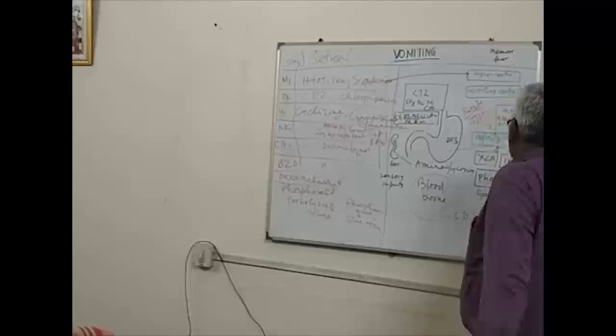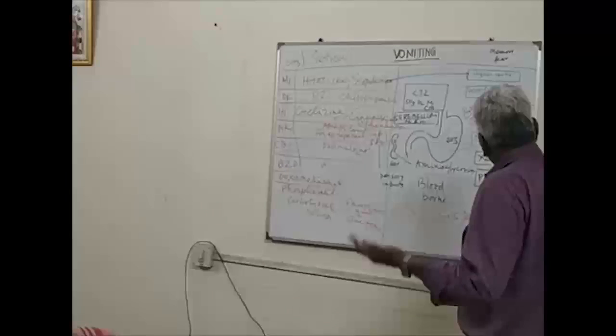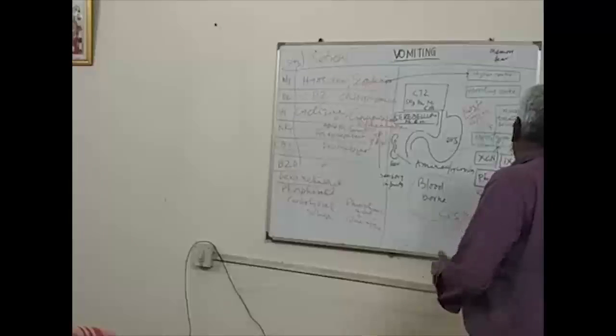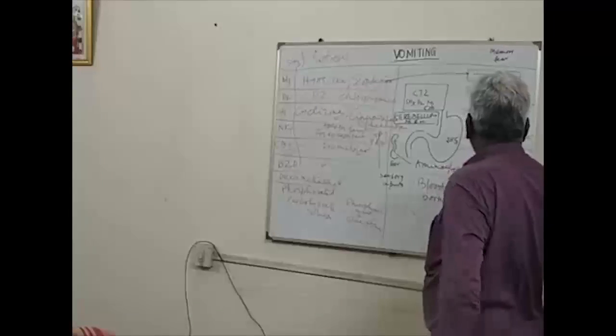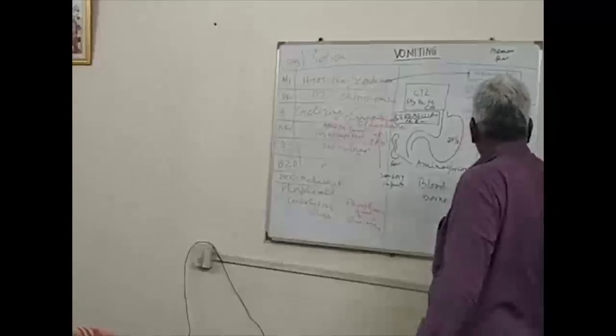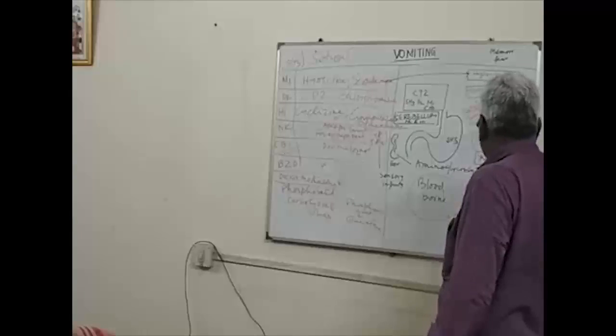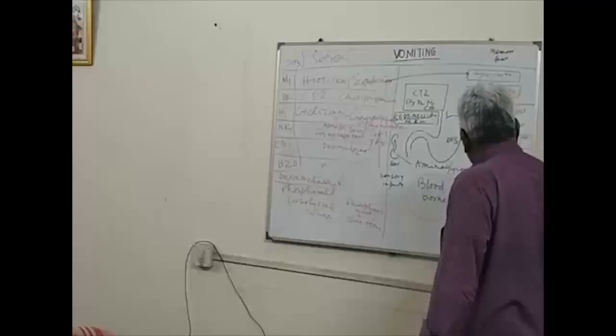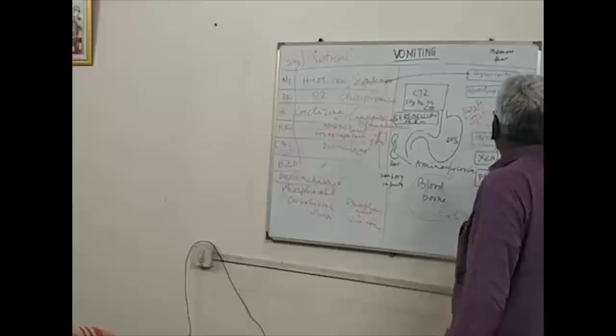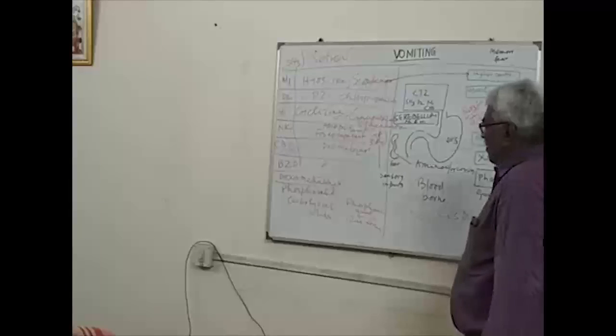The actions of the other receptors for substance P, that is NK2 and NK3, are not very clearly known. So this is your 10th cranial nerve, that is your vagus. This is the glossopharyngeal nerve. If they are stimulated, when there is gagging in the pharynx, at that time there is vomiting, and in this way the vomiting is induced.